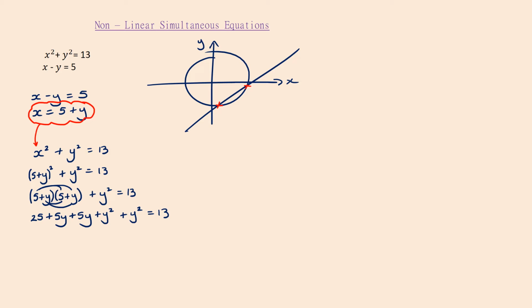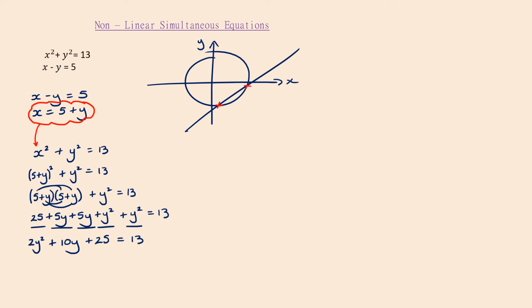Now to simplify, or collect the like terms you could say, we can see there's a y squared and another y squared, which when we put them together gives us 2y squared. We've got a 5y and a 5y, which add together to give 10y, plus this 25 equals 13.